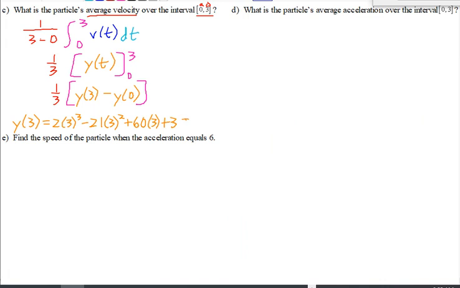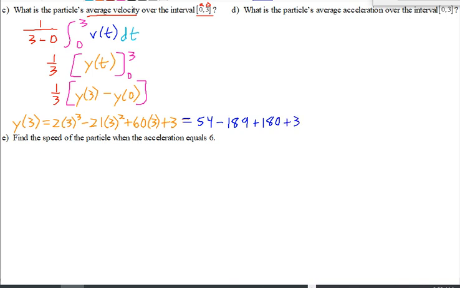So let's simplify that here. So 3 cubed is 27 times 2 gives you 54. And then 3 squared is 9 times 21. Well, 9 times 20 is 180, 9 times 1 is 9, so 189. And then plus 180, 180 plus 3.